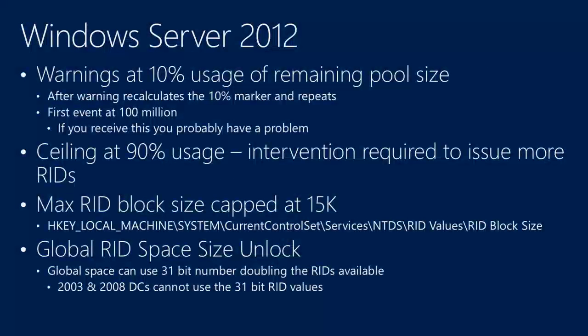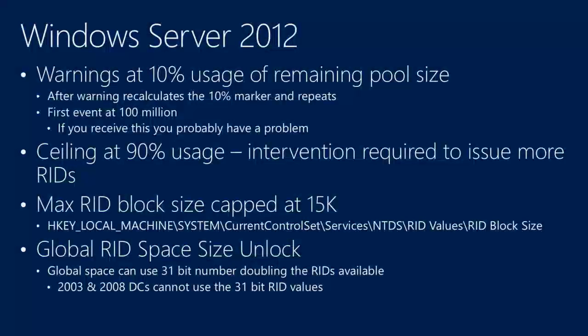It's also got a warning ceiling at 90% usage. When you hit 90% usage, it will stop you creating more security principals, and you have to intervene to create more. It's like a big error message, a big warning saying, do you realize you've used up 90%?